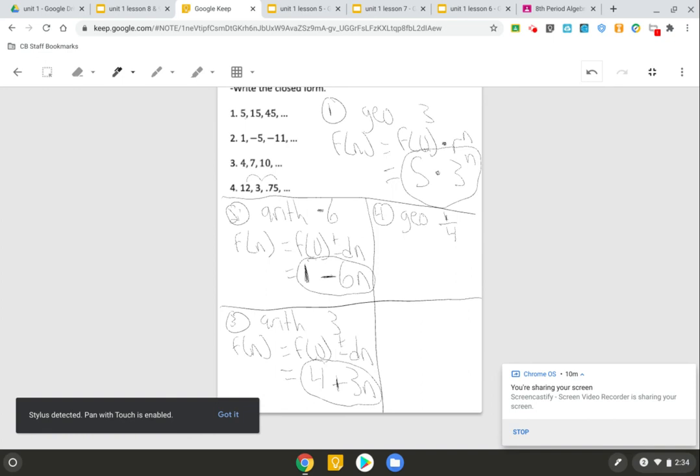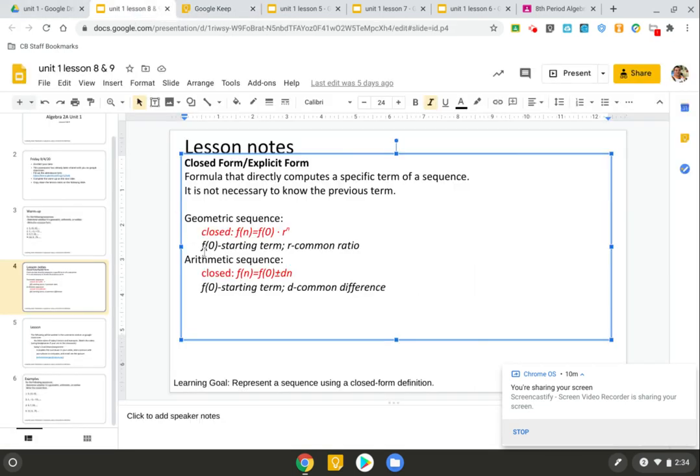Okay, so I'm going to go back just like I did on number 1 and use that formula. So f of n equals f of 0 times r to the power of n. And I'm going to plug in the appropriate numbers. So f of 0, once again, is our starting term.